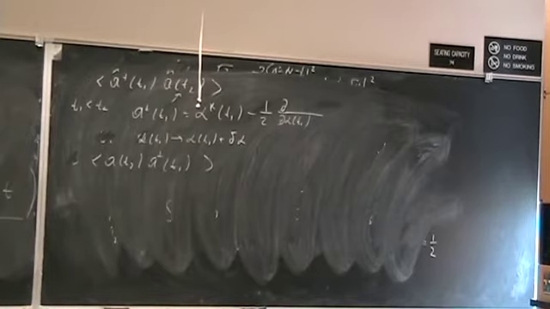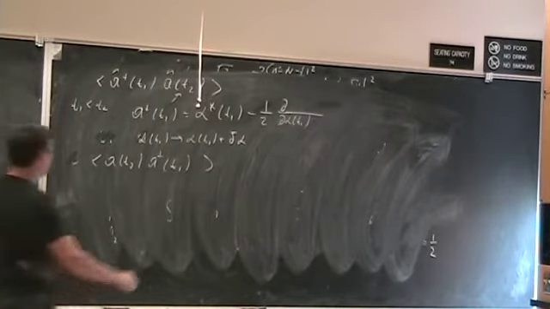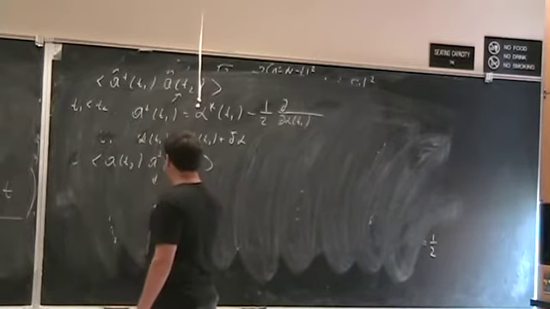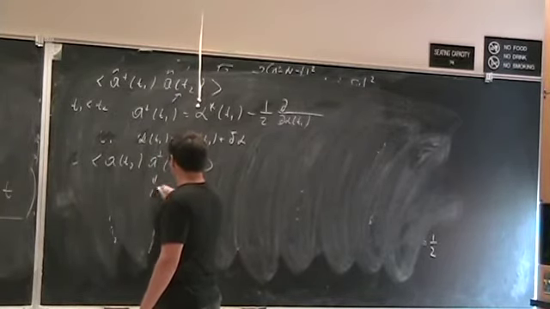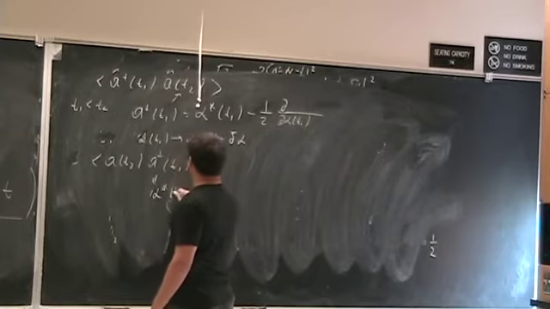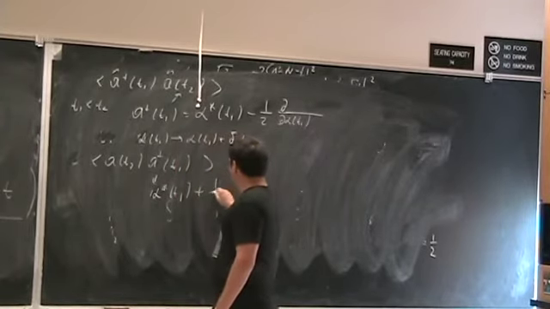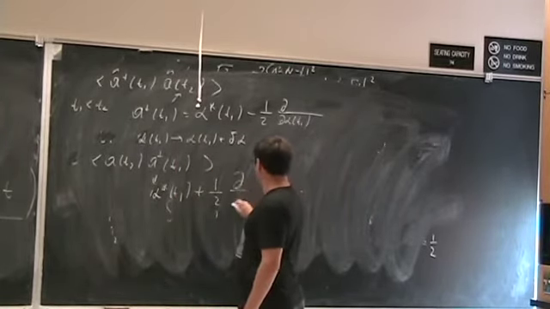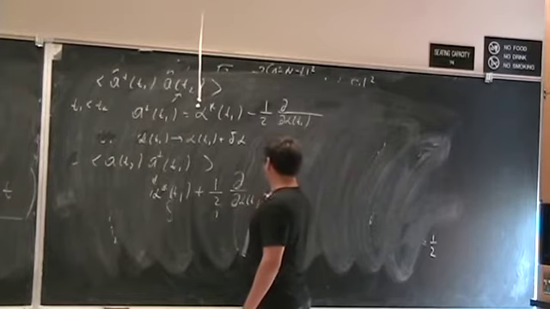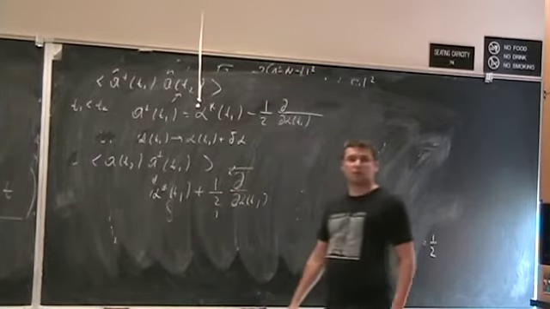We will use the left Bopp representation. So instead of the right representation, I will now say that my A dagger of T1 will be alpha star of T1 plus 1/2 d by d alpha of T1, but now it acts on the left.